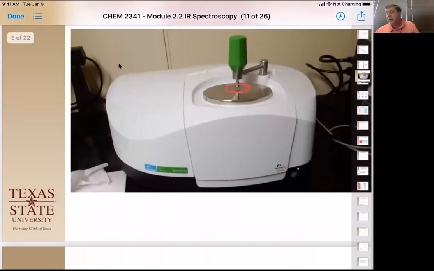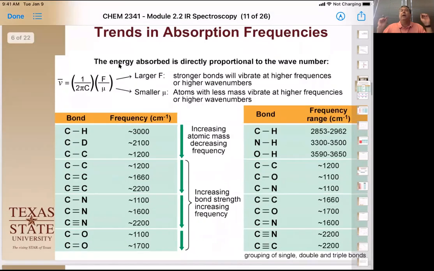So I said frequency is important in this. It'll tell us which wavelengths we're looking for. In IR, we typically use the unit of reciprocal centimeters, or centimeter to the minus 1, as our frequency. We do that because when they started making interferometers, the thing that makes the light go back and forth, that just seemed to be the unit they wanted to use, and it made nice round numbers.